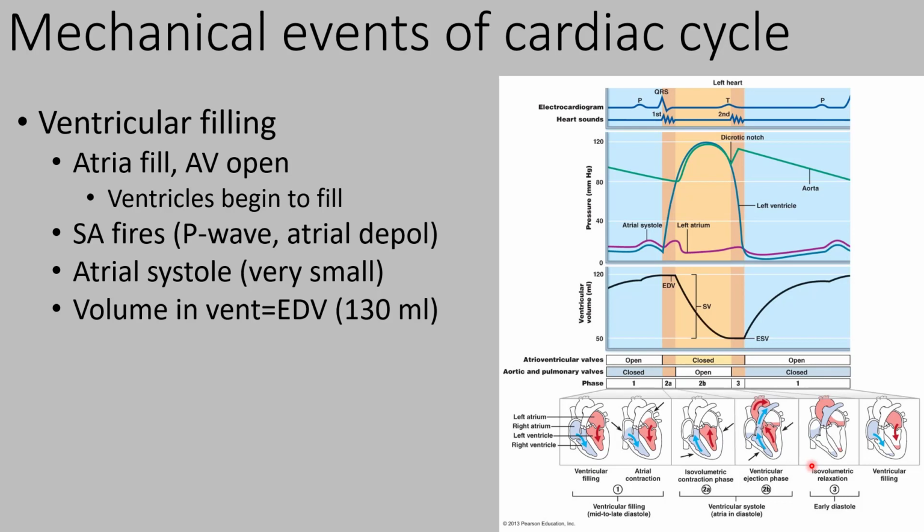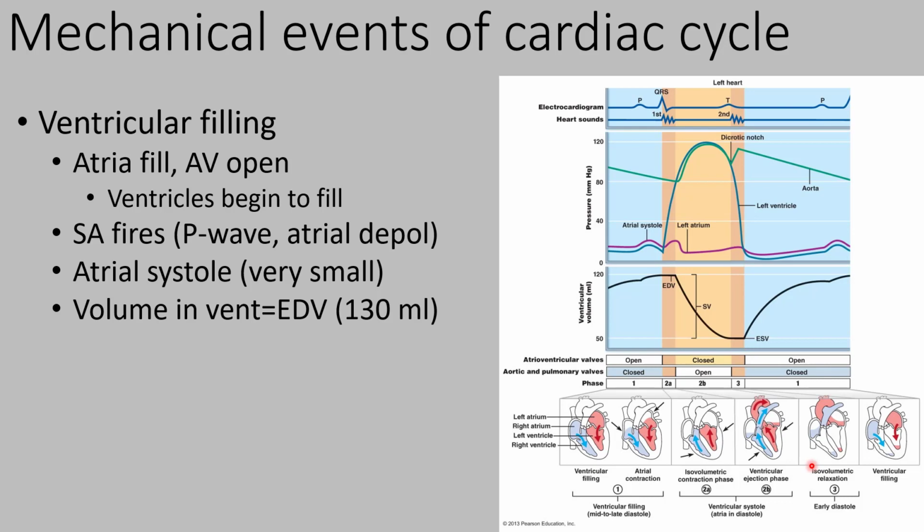And the moment that the pressure in the atria is greater than the pressure in the ventricles, that is going to cause the AV valves to open. Once those AV valves are open, blood starts to move from the atria, where pressure is higher, towards the ventricles, where pressure is lower.